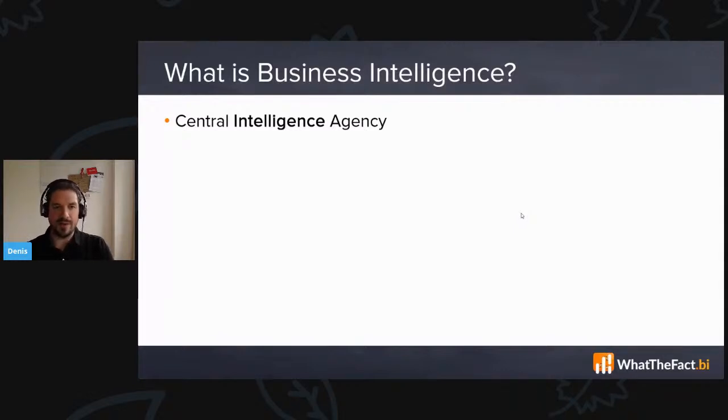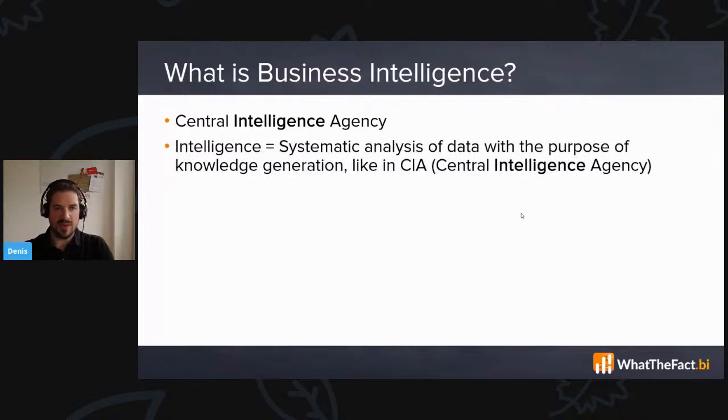It has a different meaning. The meaning in these two cases is to systematically analyze data with the purpose of knowledge generation. So for a business, we systematically analyze the data to generate knowledge. So at the end, it's all about gaining knowledge. That's the definition of the intelligence.